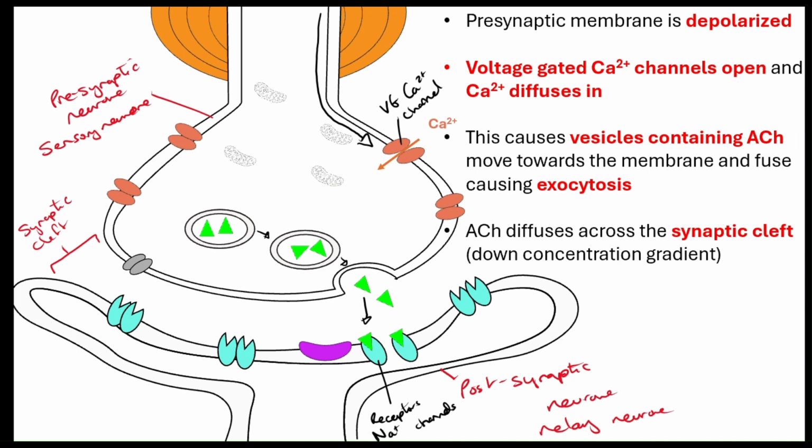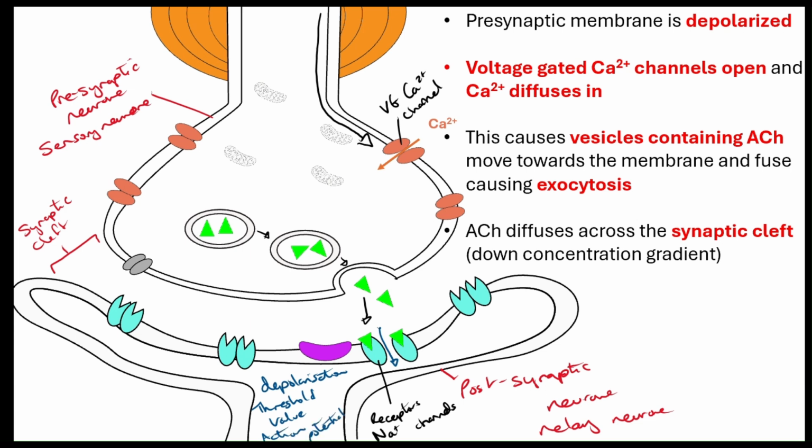And if there is enough of a stimulus from the acetylcholine being released, that will result in the receptors binding with the acetylcholine, the channel opening, and sodium will then be able to move into the membrane. And if there is enough depolarization of the membrane and it reaches the threshold value, that will trigger an action potential.